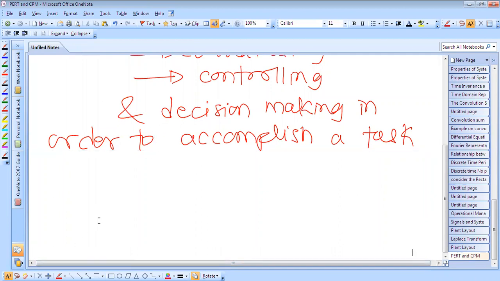Whenever the project is very large and complex, the bar chart and milestone chart cannot be used for network analysis purposes.